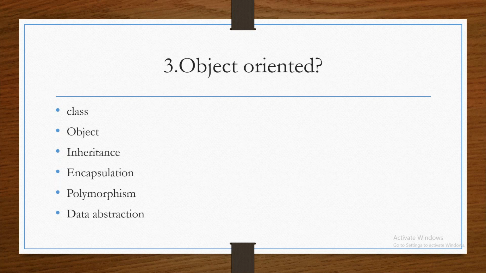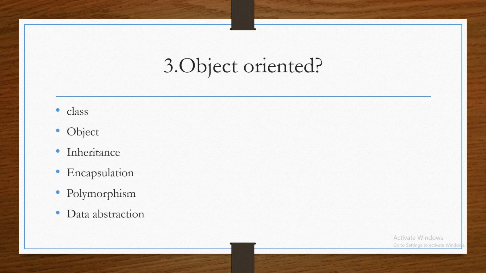What are the features? Class, object, inheritance, encapsulation, polymorphism, and data abstraction. These are not points only for Java; they are points to consider for any programming language. These features are for all programming languages which follow object oriented, not only Java.